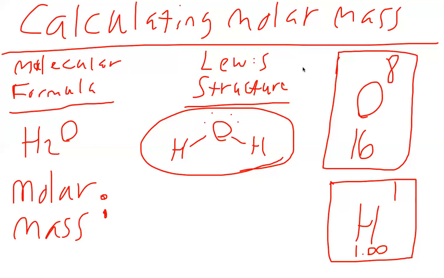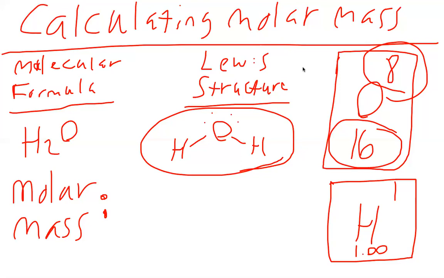Where was that number written in the periodic table entry for carbon? Was it the top number 12 or was it the bottom number 12, Valeria? Valeria, I can't hear you.